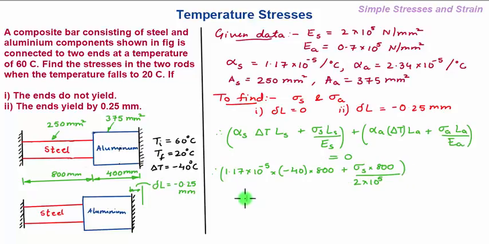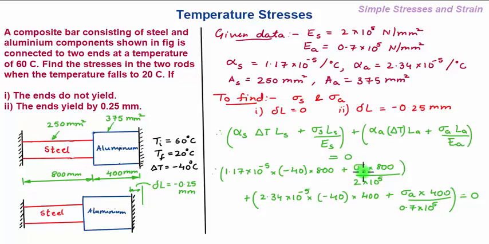This plus alpha A is 2.34 into 10 to the power minus 5 into delta T is minus 40 into length of aluminum is 400 mm plus sigma A into 400 mm upon Ea is 0.7 into 10 to the power 5. This is delta L of aluminum, and this is equal to 0.